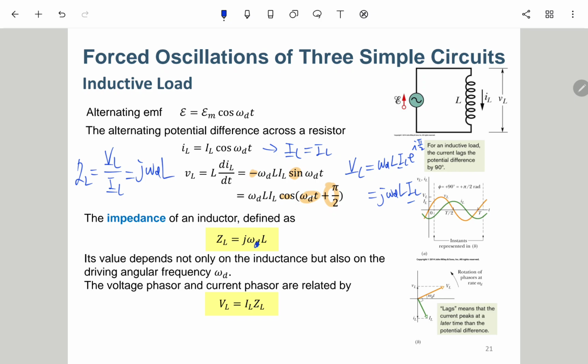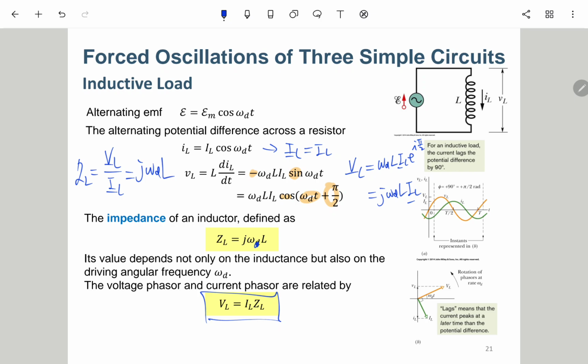Ignoring this d is okay. So j omega L is the impedance of the inductor. In that case, we also have V_L equals I_L Z_L. So it is also like the general complex form of Ohm's law.